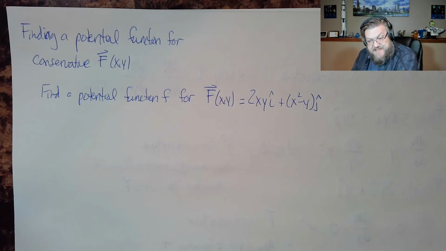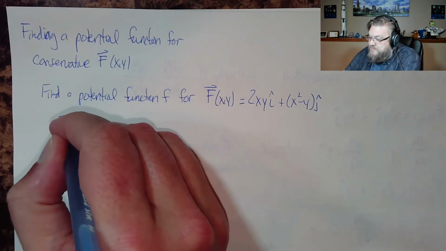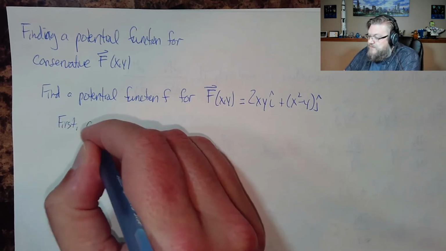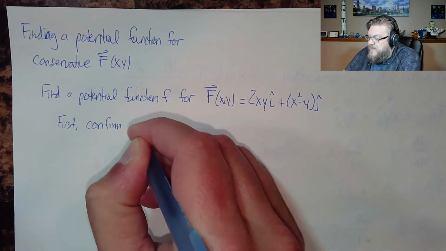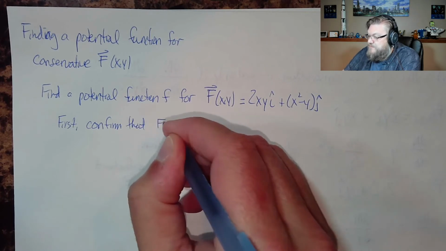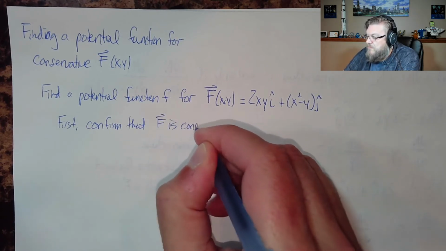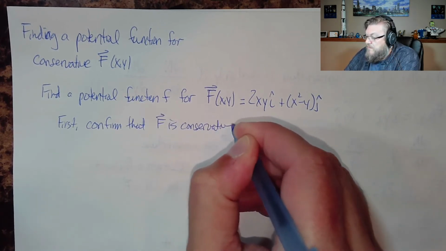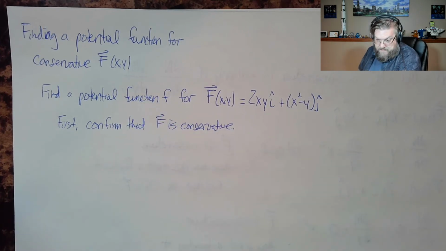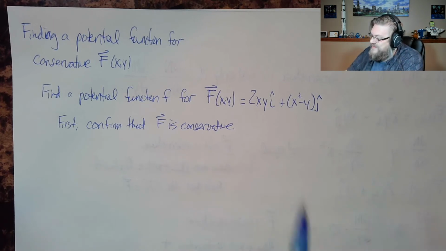Let's first guarantee that one exists. So first, confirm that F is conservative. There's no point in finding little f if it doesn't exist, right? And so let's confirm that capital F here is conservative, okay?